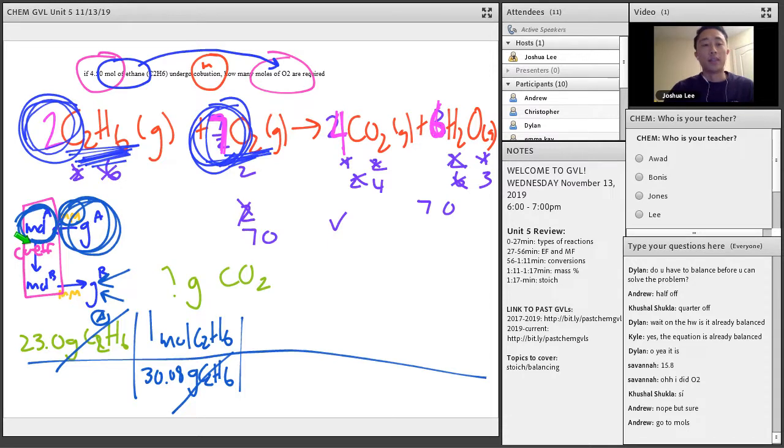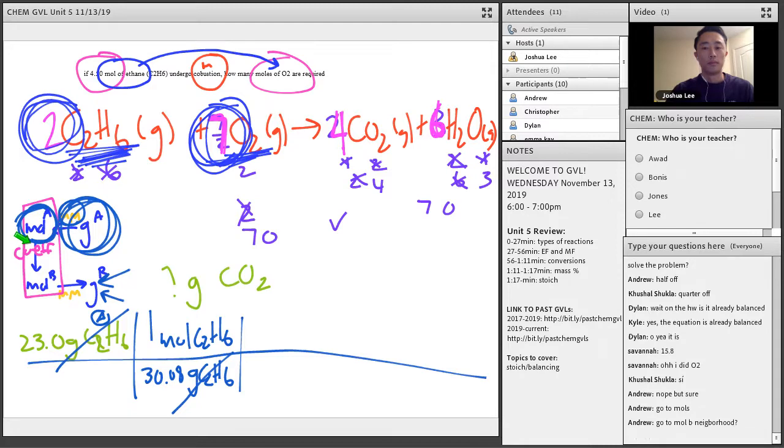What's the next step? I'm at moles of C2H6. I'm at Mr. Mole's house. Where do I want to go now? Yeah, I want to go to mole B. I want to go to the next street over, which is a completely different street, but I want to go to that mole's street.